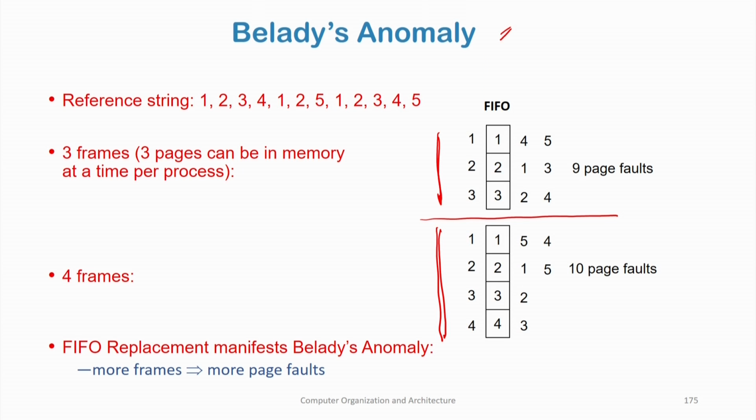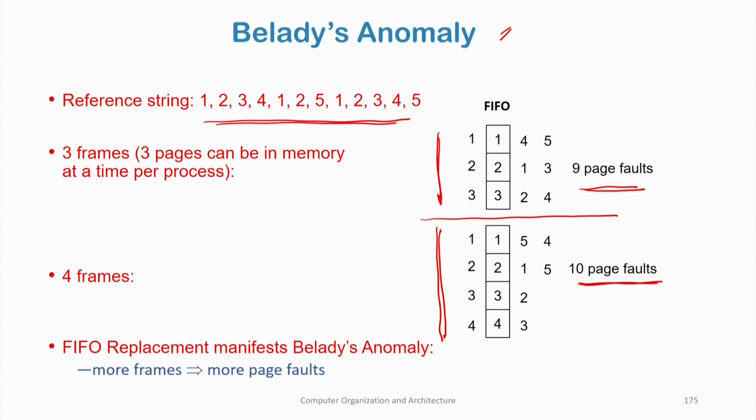Now, sometimes it so happens that for this reference string, with the FIFO replacement policy, when you have a lower number of frames in memory, you will have a lower number of page faults than when you have more frames in memory, where you will have more page faults.